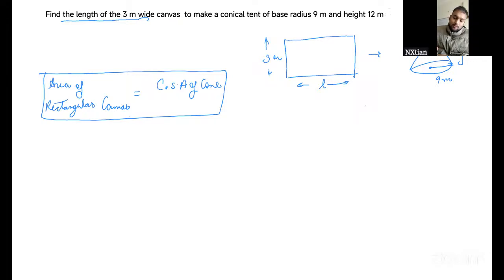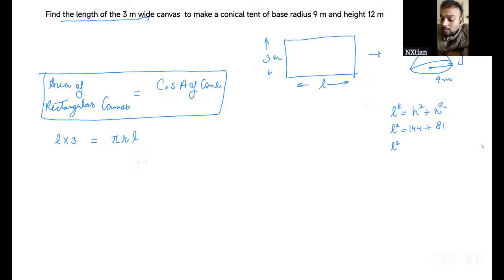Now, what is the area of this rectangular canvas? It is length into breadth, so length is L and breadth is 3. And the CSA of this cone is pi r l. But in this case we don't know the value of l, so we have to find it first. l square is equal to h square plus r square. h is 12, so 12 square is 144, plus r square which is 81.